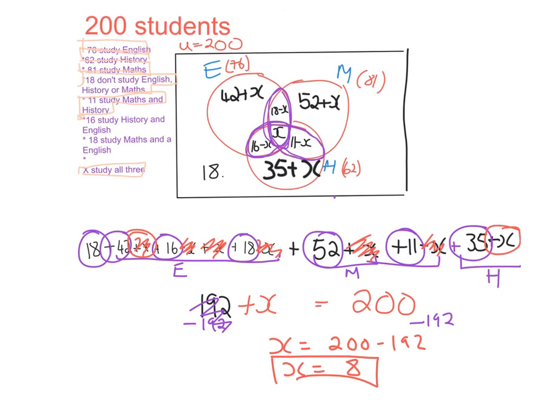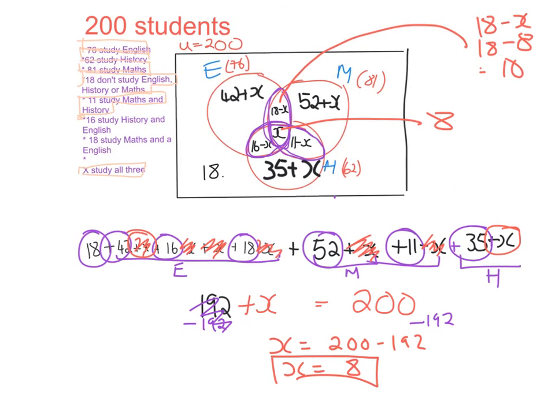So what does that mean? Well, it means instead of having x people like in English, maths and history, I now have 8 people like in English, maths and history, which means how many people like English and maths? It's going to be 18 minus x, which is now 18. We know x is 8, which means 10 people like English and maths, and you apply the same on.